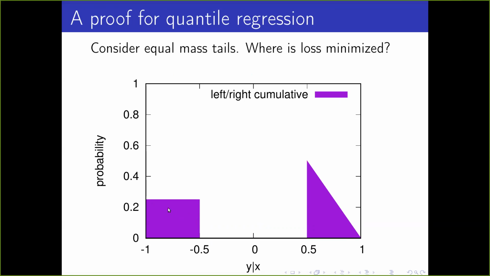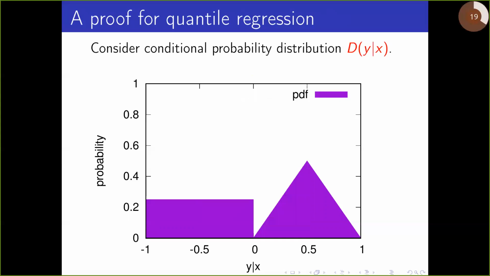Okay, so what are the possible values? What are the possible y hats on the x-axis which minimize the absolute value loss? So when I say absolute value loss, I mean your loss is the magnitude of y hat minus y. So your observations are drawn randomly from this distribution.